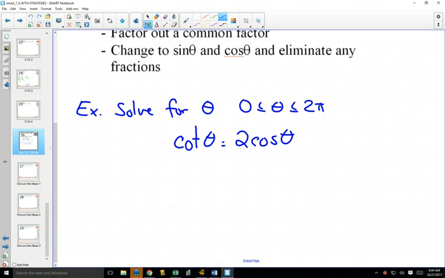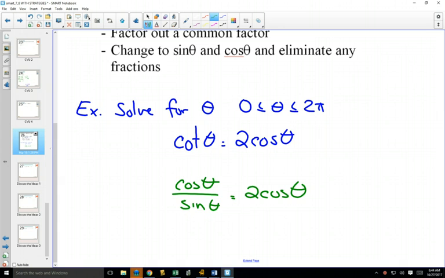The only thing I can think about changing here is I could change cotangent to cos over sine, right? So if I did that, I'd have cos theta over sine theta equals 2 cos theta.